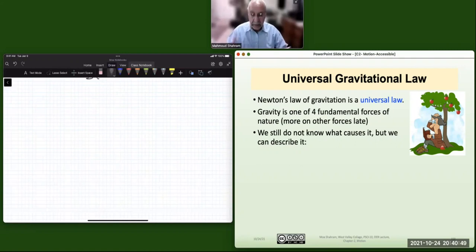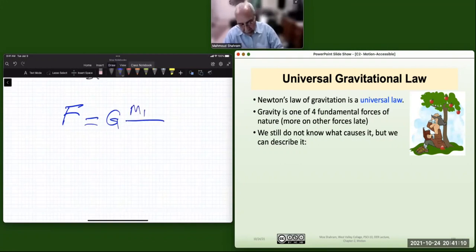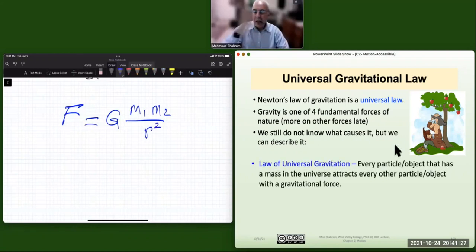He actually came up with a relationship that says that force of gravity between two objects is equal to some number, called the gravitational constant, times mass of the first object times mass of the second object divided by the distance squared. Any object would attract any other object depending on its mass and the distance with respect to the other object.